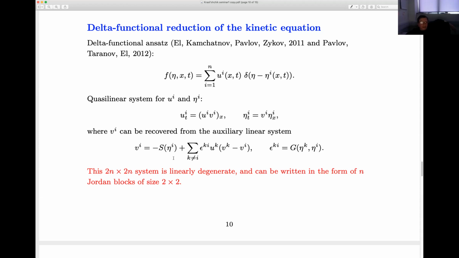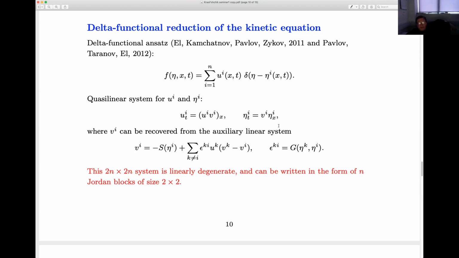And it contains this S of eta_i's, soliton velocities, and we have these eta_ki's, which are just two soliton phase shifts, G of eta_k and eta_i. So in other words, this soliton velocity and this phase shift appear explicitly in this linear system. So you solve these equations for these, and you get these equations explicitly in terms of u's and etas.